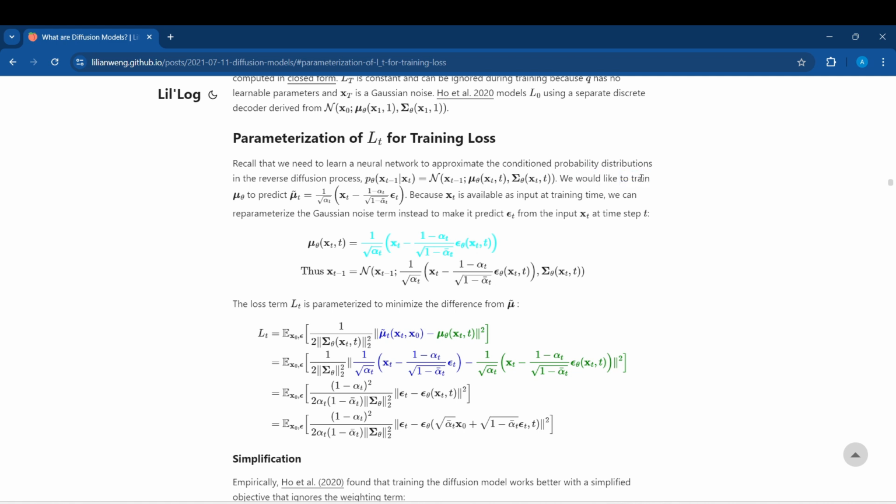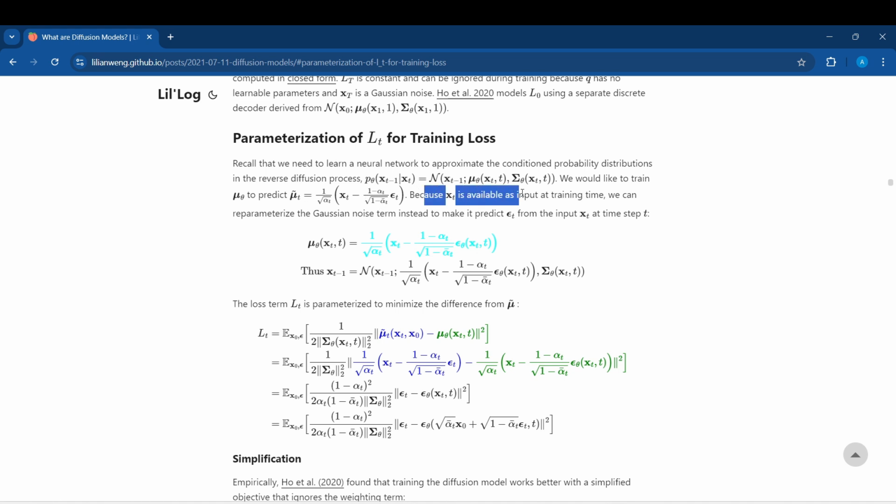We could train mu theta to predict this. So we train the model to predict this, and this is our prediction, and we want this quantity to approximate this. This is the actual mean and this is our predicted mean, and we want it to become as close as possible to the real one.